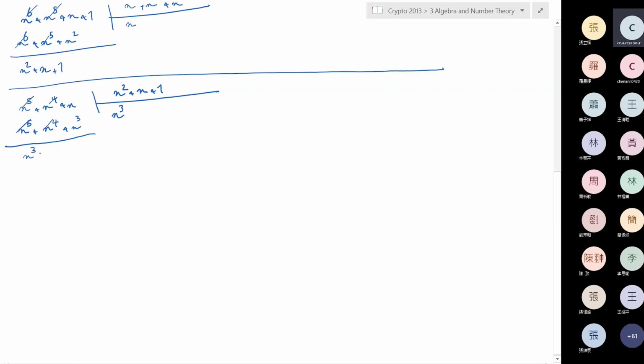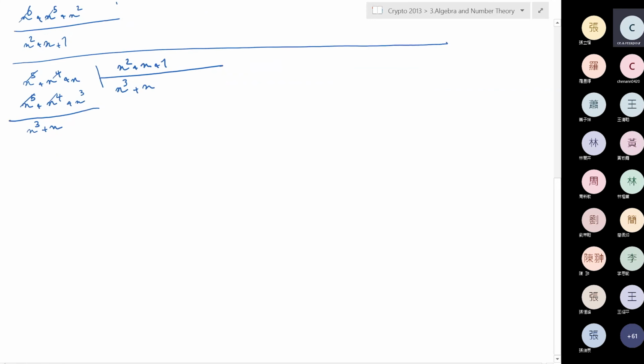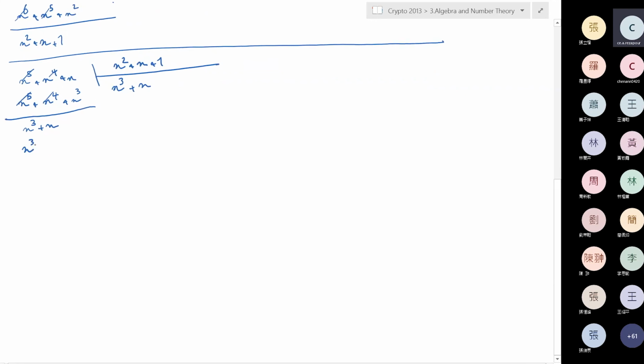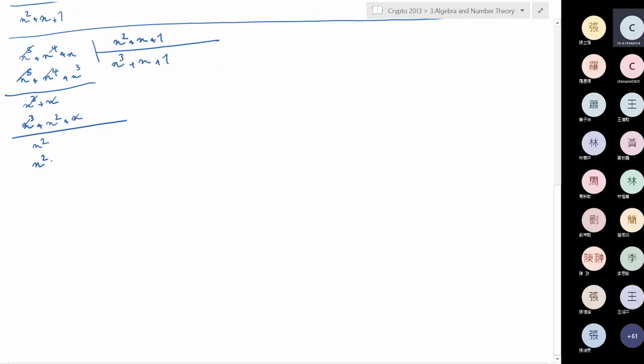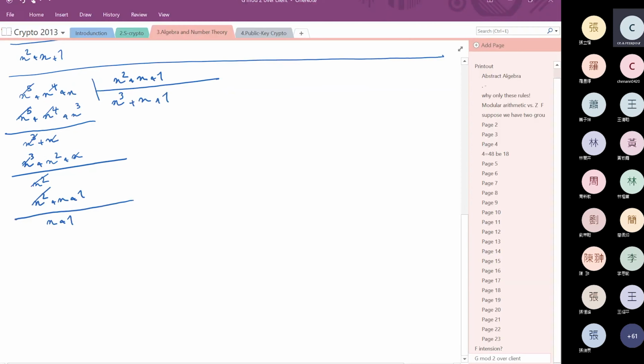We get x3 plus x. We need to continue with x. So we get x3 plus x2 plus x. Now these ones get cancelled. We get x2. And the degrees are the same. We have to continue with 1. So we get x2 plus x plus 1. This gets cancelled. We get x plus 1. Okay, so that is the remainder that we got.